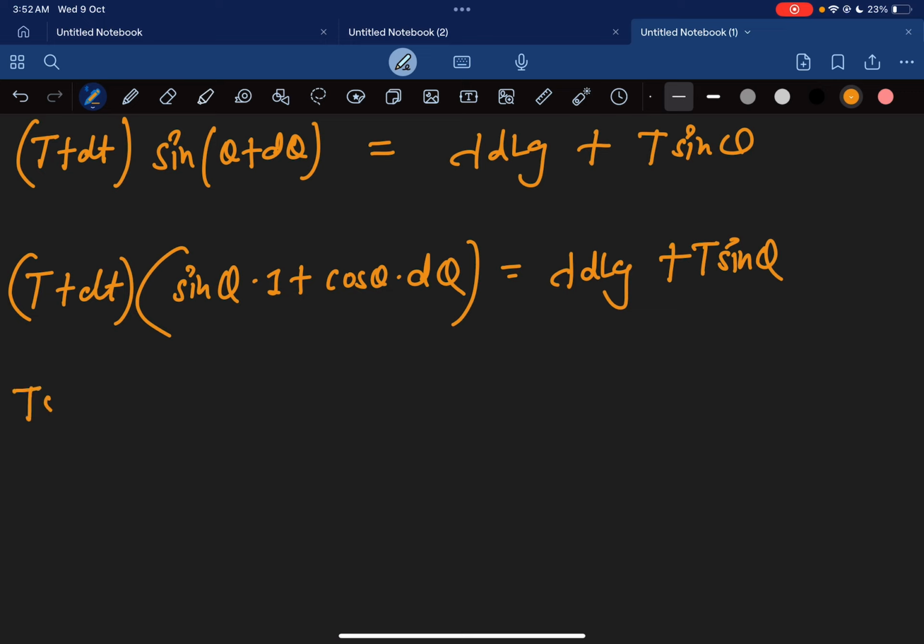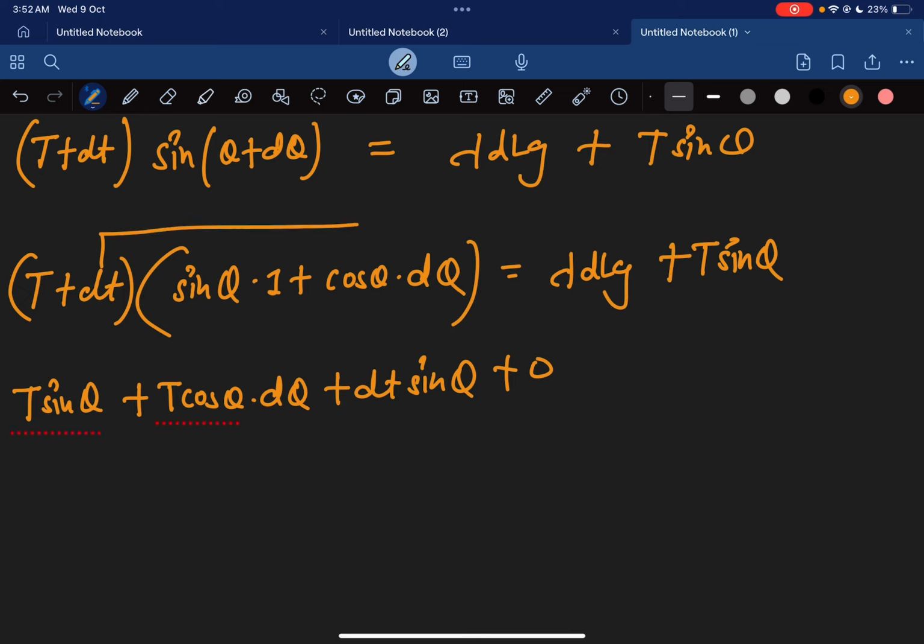So it's T sin theta plus T cos theta d theta plus dT sin theta, plus 0, because there are two infinitely small numbers getting multiplied, and the product of these two infinitely small numbers is always 0.